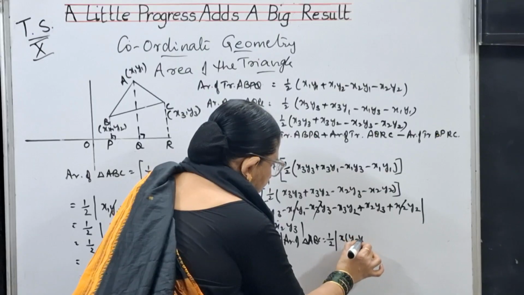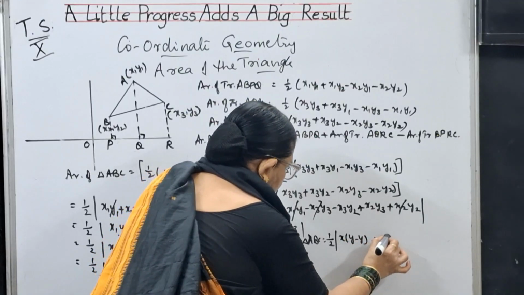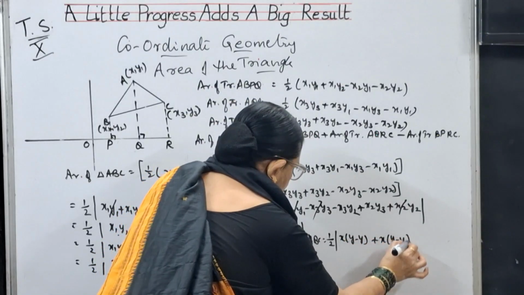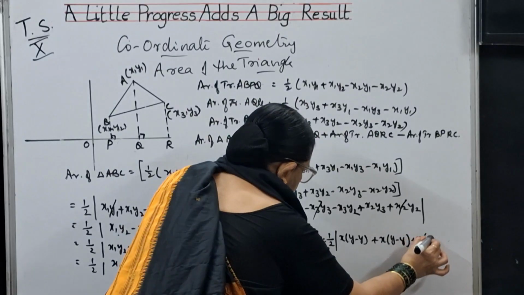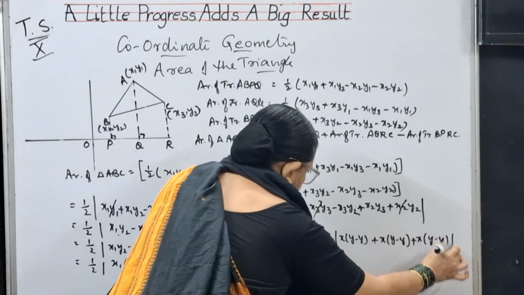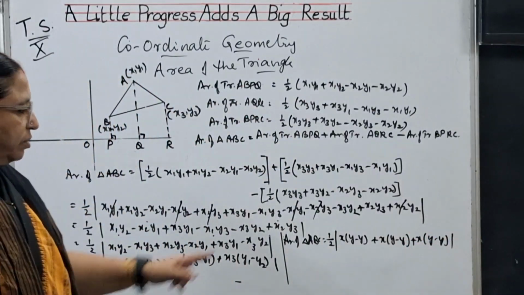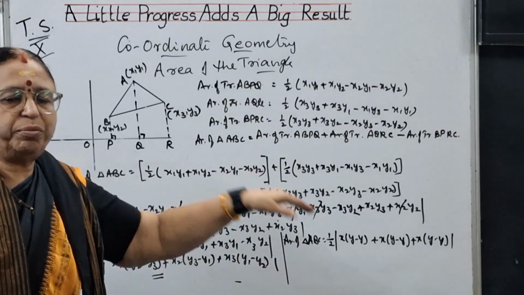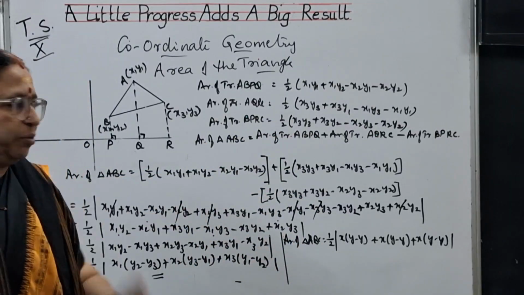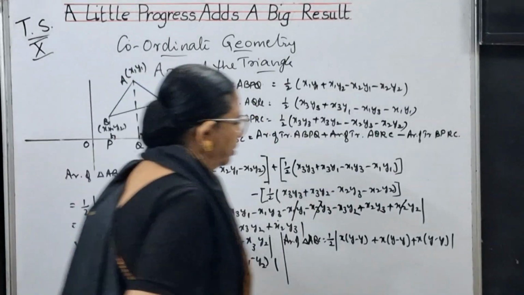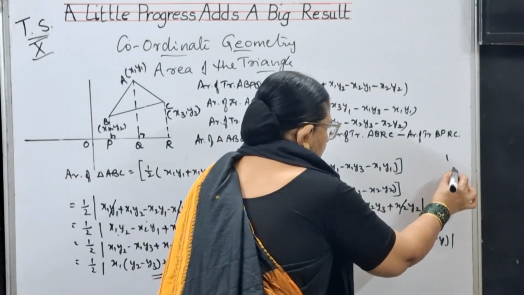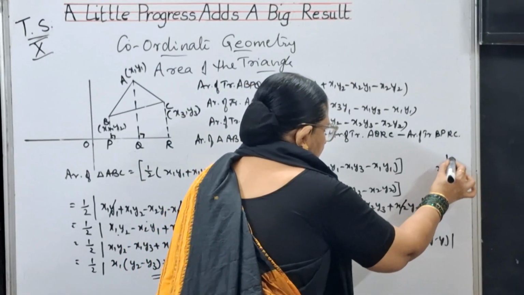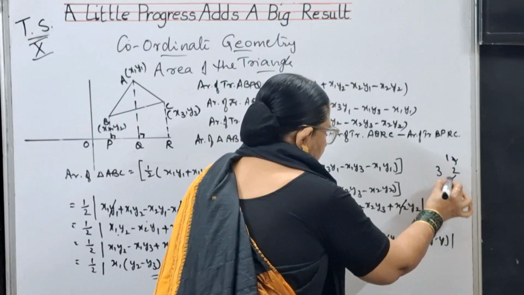Write x into (y minus y) plus x into (y minus y) plus x into (y minus y), three times. Now, see here children, the numbers 1, 2, 3, you have to go in a cyclic way.